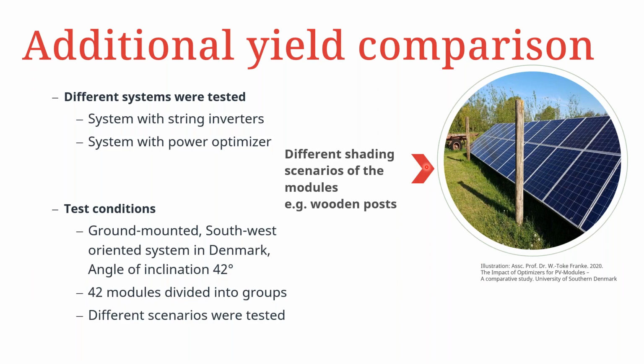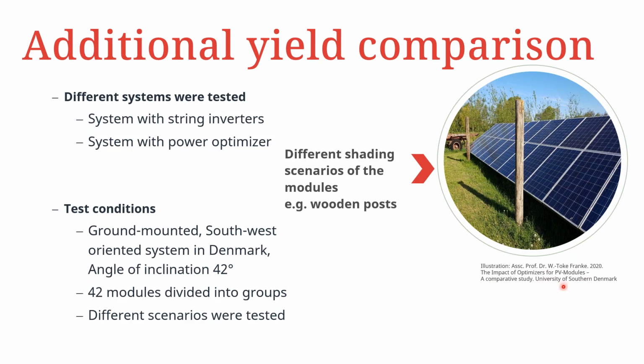This was done, as I said, by a third-party institution, by Associate Professor Dr. Toke Franke, who looked at the impact of DC optimizers for PV modules at the University of Southern Denmark.